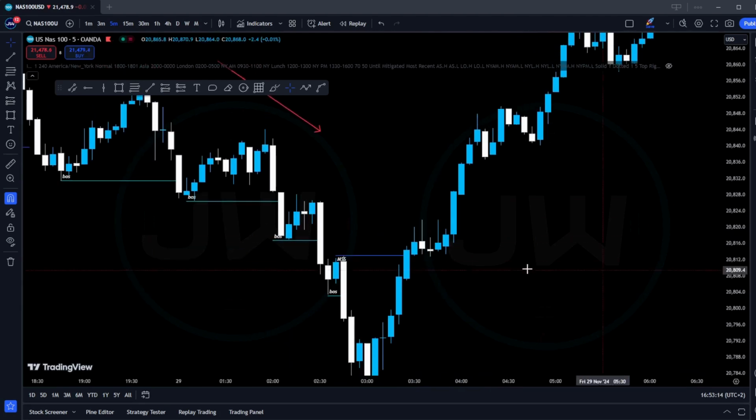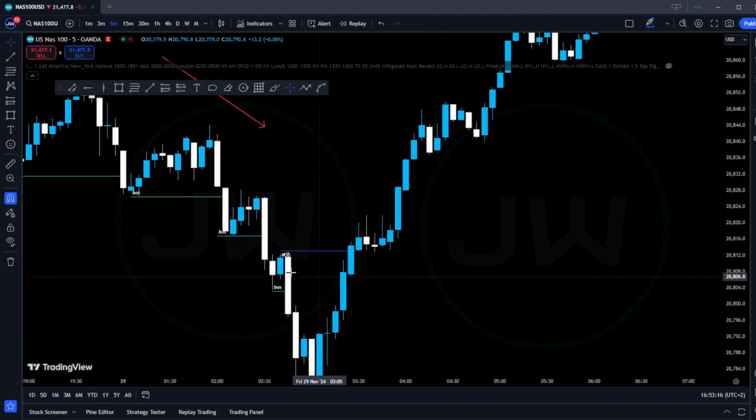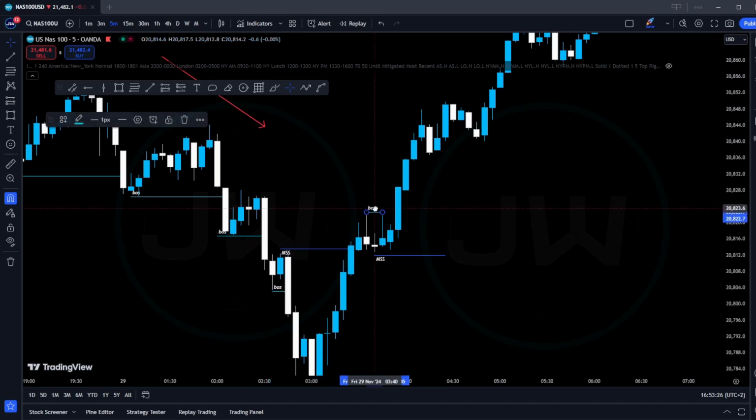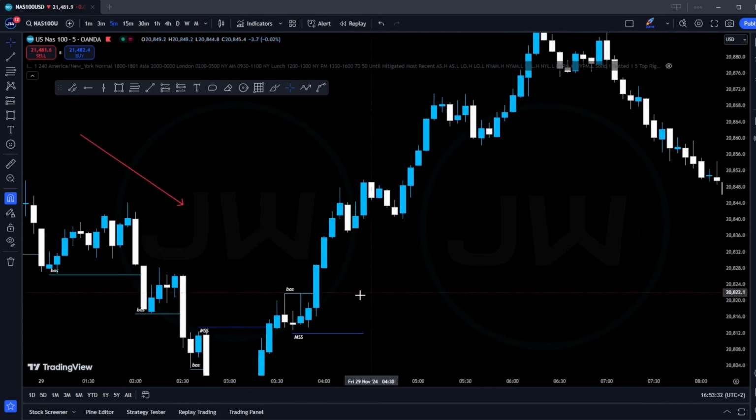And so you'll see that it continues just in the opposite direction. This becomes our new low. This becomes our new high. Do we break structure here? Yes, we break structure with an aggressive move, displacement, meaning we want to continue higher.